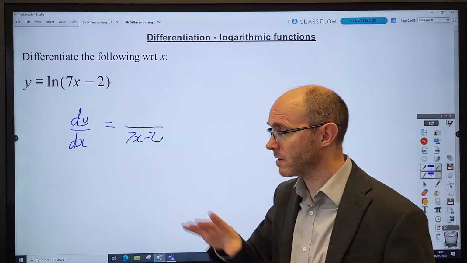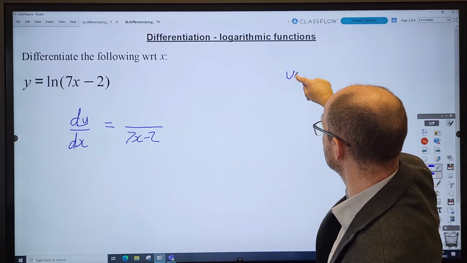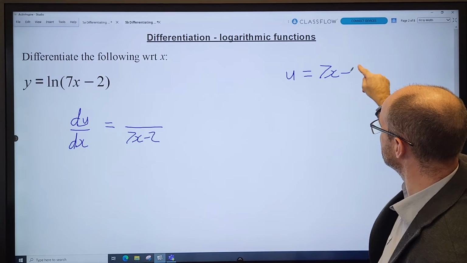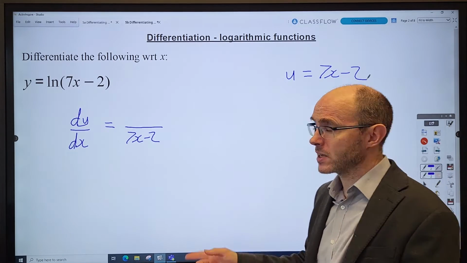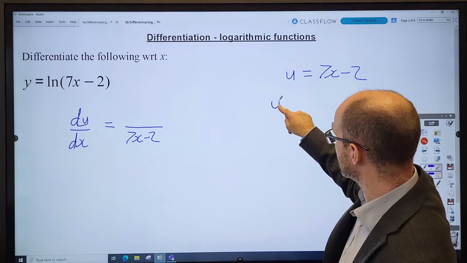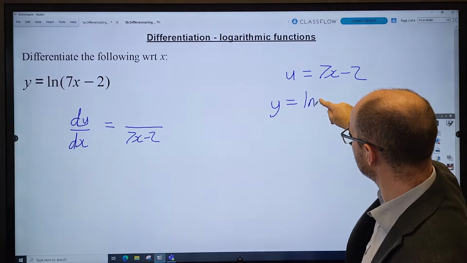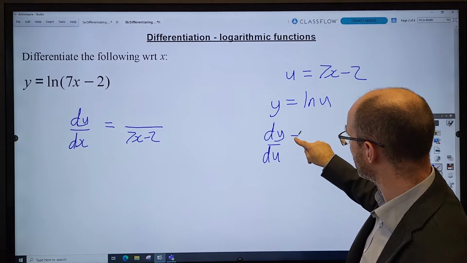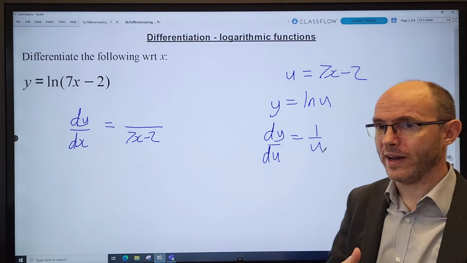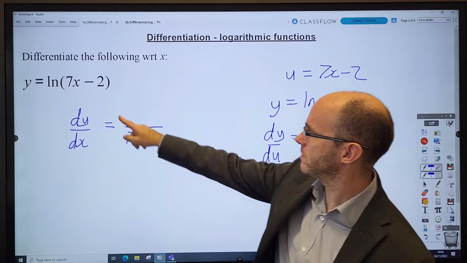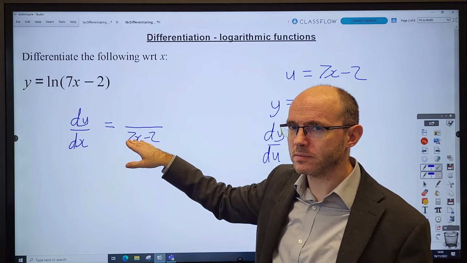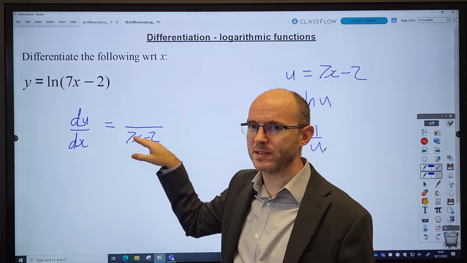The reason for that is, if you were to write out the chain rule like this, you want whatever's in brackets to be u, so u equals 7x minus 2 in this case, so that gives us y equals natural log of u, and when we differentiate that, dy/du is 1 over u. Hence, always, when you're differentiating a natural logarithm, whatever's in brackets is going to end up in the denominator.